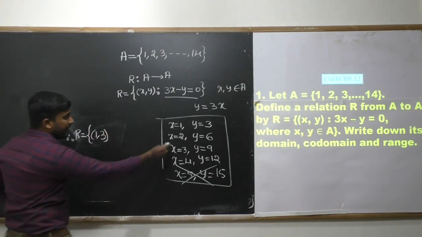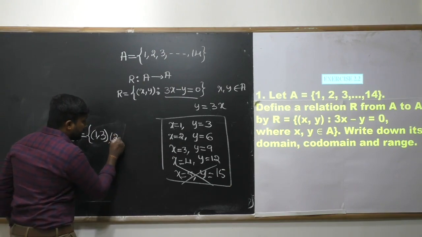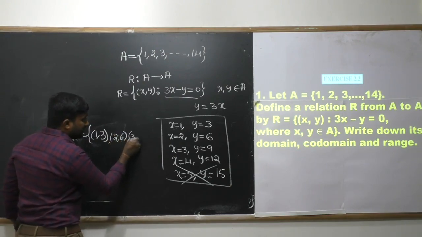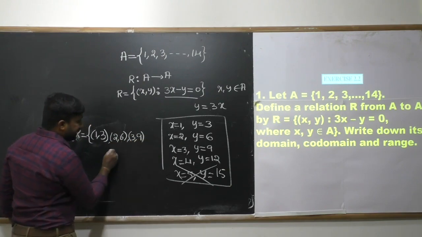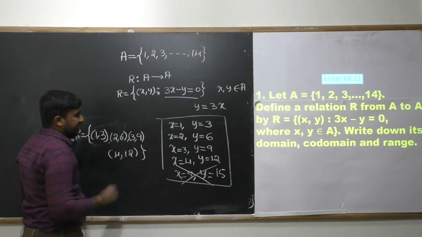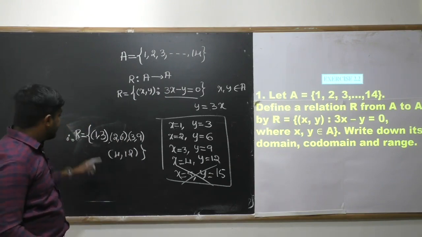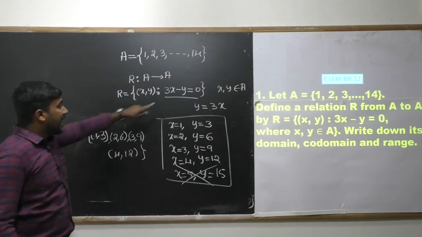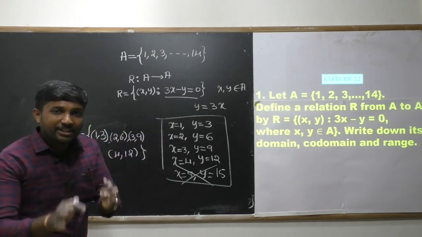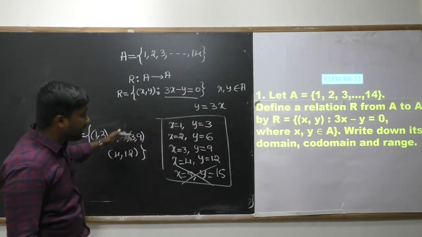Next (2, 6). Next (3, 9). Next (4, 12). Only 4 ordered pairs are there in the given relation R under the condition 3x minus y is equal to 0. Got it, how to write in roster form?